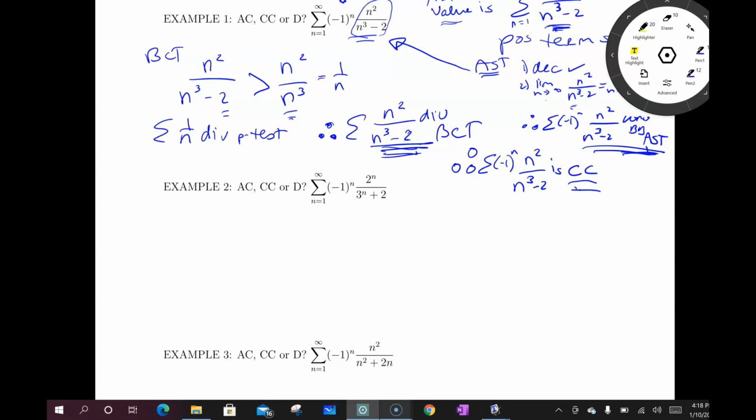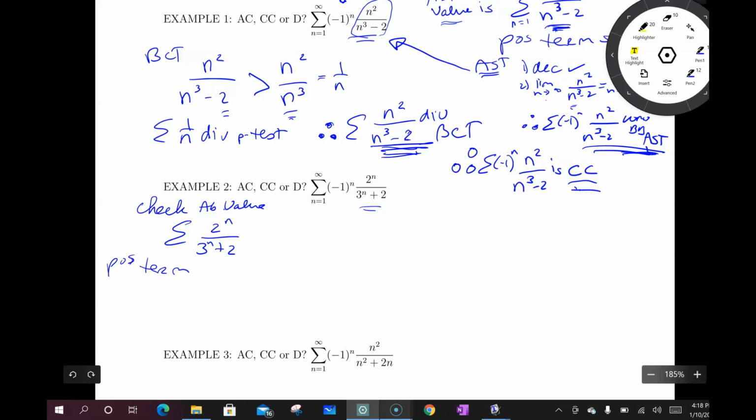Okay, so let's go do this one. What happens here? We could go check the absolute value. That means I'm looking to see what this sum does. This is a positive term series, right? If it's positive, I can do any of the comparison tests. I'm thinking BCT again, because I like easily pulling off just one number. This has more in the denominator, so that's smaller.